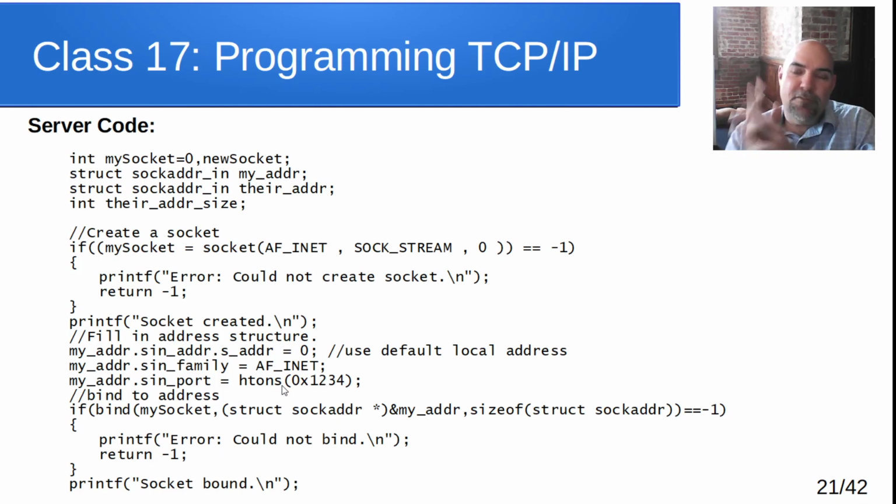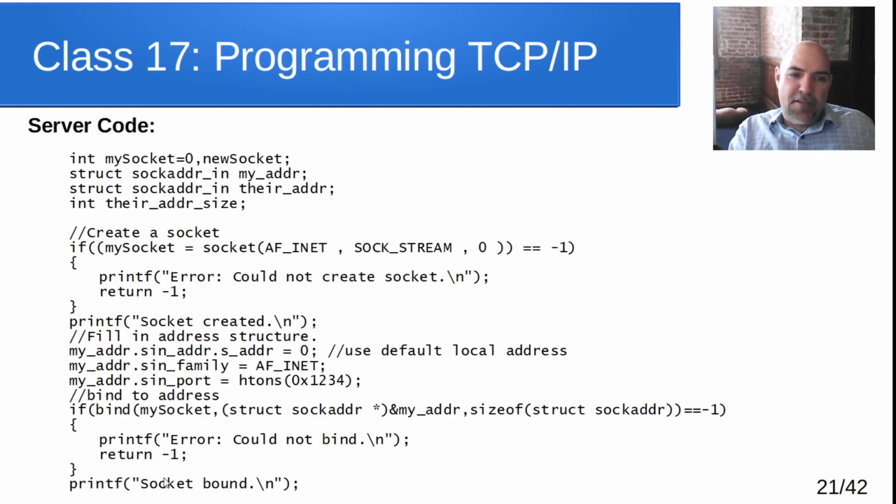To make sure that the endianness of the architecture of the machine doesn't come into play, there's this host to network short function that no matter what system we're on, it'll always put them in the right order. It's putting in the network byte order, not the machine-specific byte order that the local architecture is using. Okay, so after that we bind. We're binding this address to that socket.